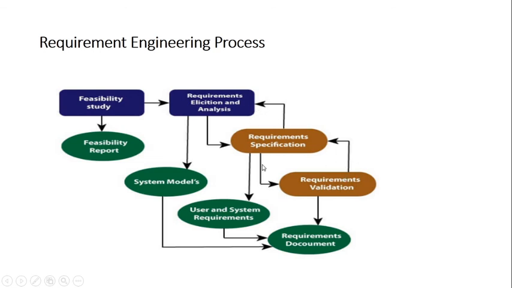You need to go back again and again to make the relevant changes. Once you validate it, finally the SRS document is prepared here, and the outputs coming from the intermediary steps are a part of this SRS document. So this is what your requirement engineering process is.